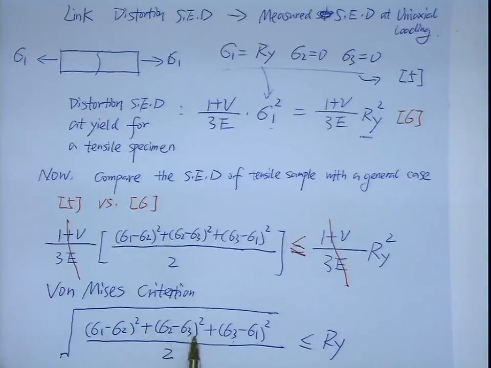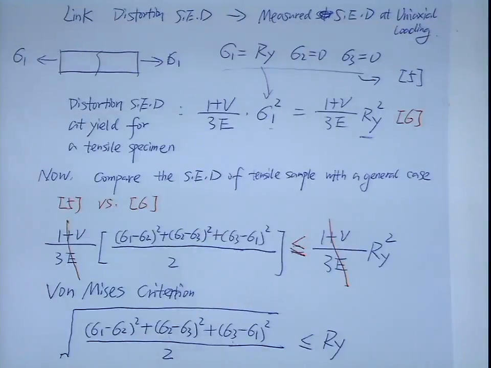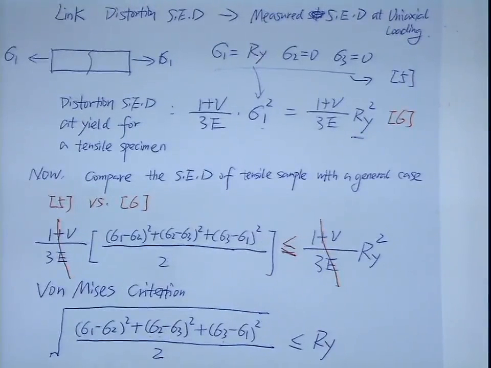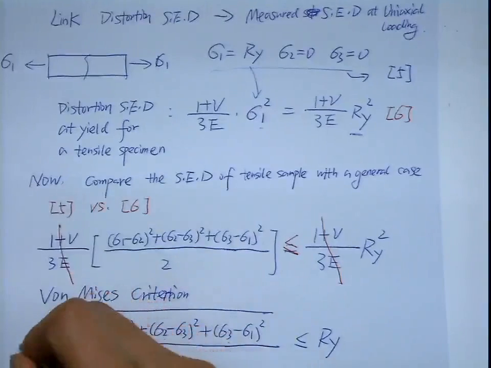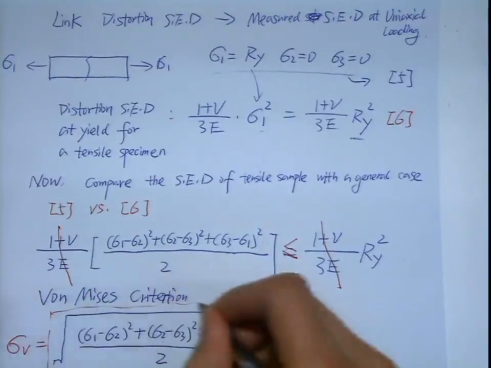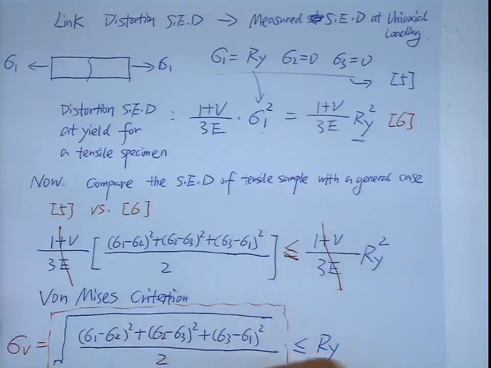And doesn't matter the way you write it because they are a square term. So doesn't matter you write the other way. The answer is the same. Okay? So this actual term, let's call it Von Mises stress. This part is the Von Mises stress.